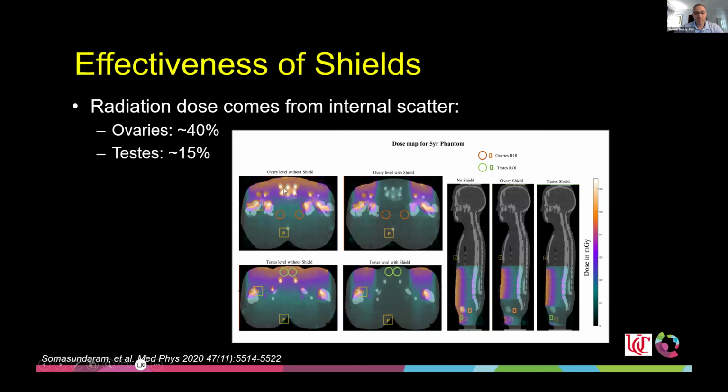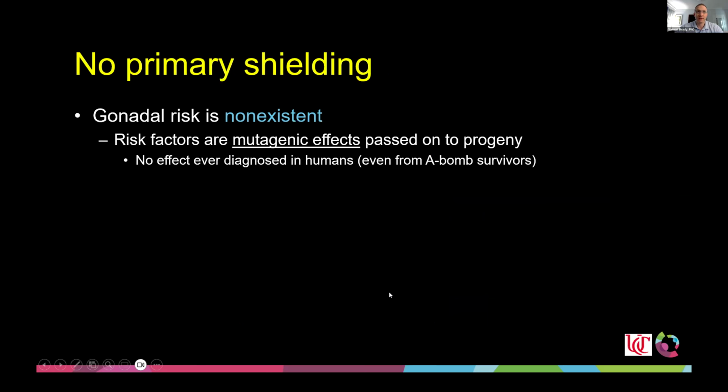In fact, what we found when we did these studies is that the majority of the exposure to the ovaries and the testes comes from internal scatter. And so it doesn't matter if there was a shield over top of the ovaries or the testes, there's still enough radiation exposure internal to the body that we weren't actually reducing the exposure in a meaningful way.